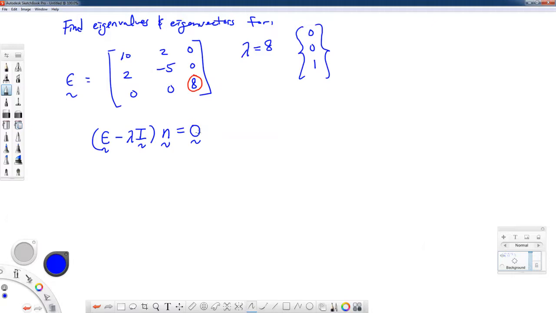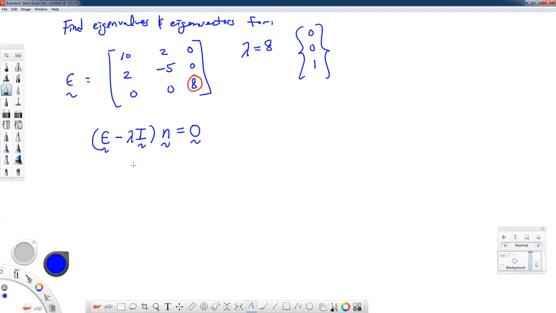What that means is, in order for this equation to equal the 0 vector, this has to be the 0 tensor on the left-hand side. We can develop the characteristic equation, and we'll do that in a moment.